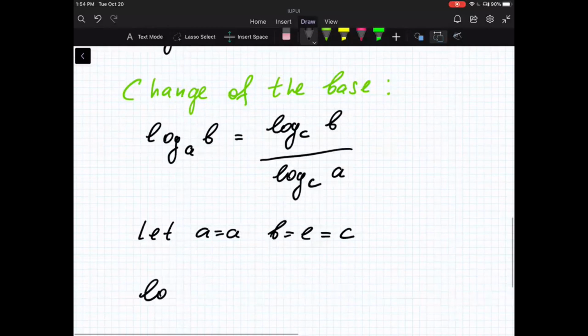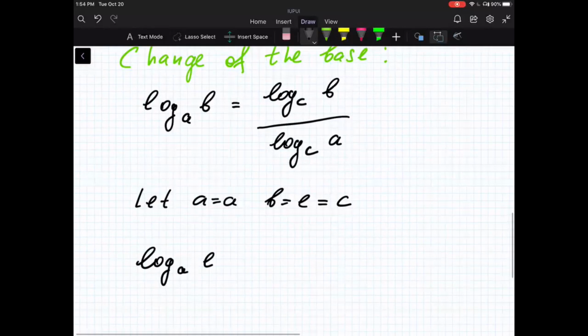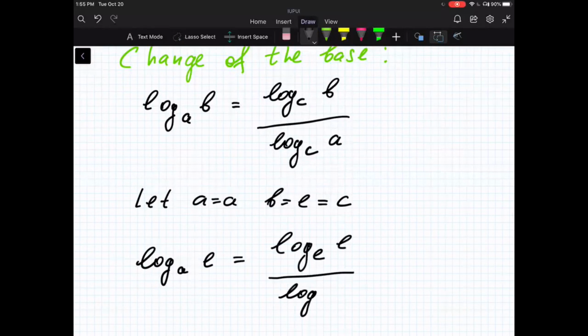Then we get that logarithm with base a of e will be logarithm with base e of e divided by logarithm with base e of a.